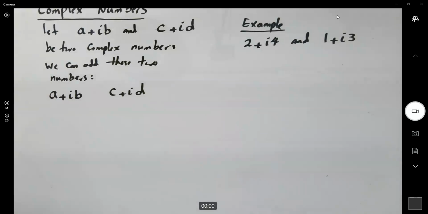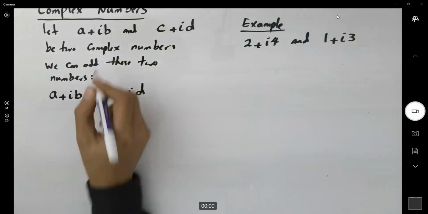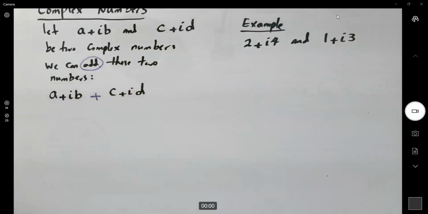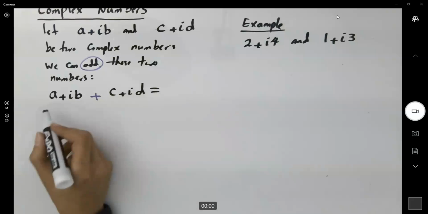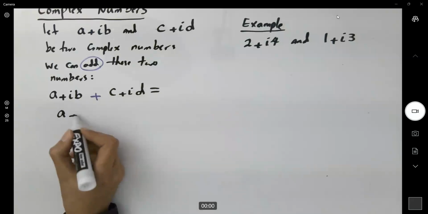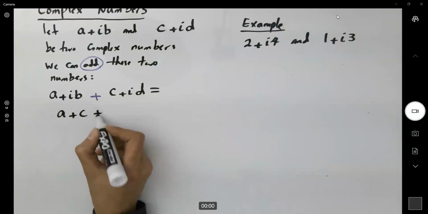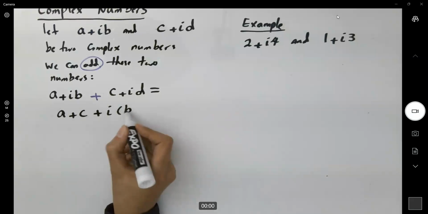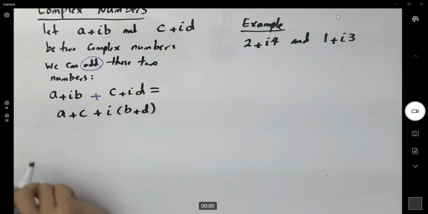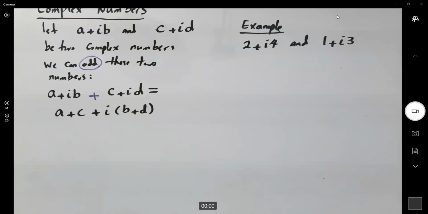So I'm going to use a different color, plus, addition. Well, officially, it is equal to A plus C plus I, B plus D. Officially, this is how we define the addition, or the sum, between two complex numbers.